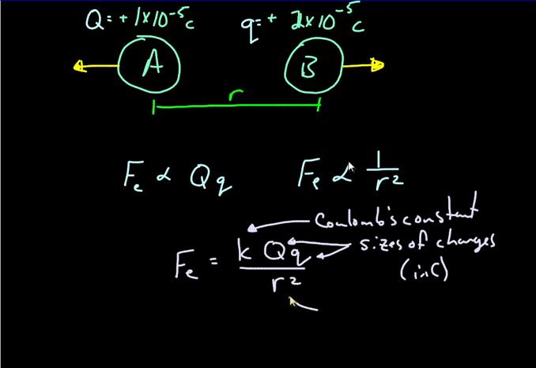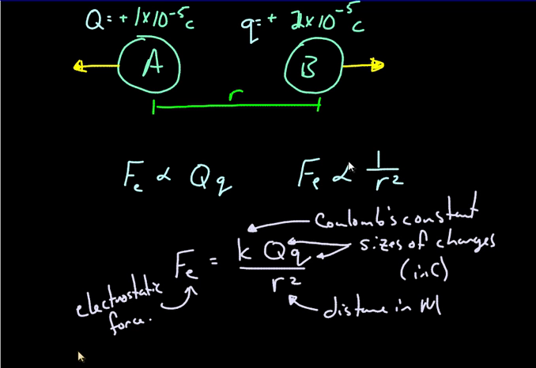And R is the distance between the charges in meters. And F is the electrostatic force between the two objects. So that is going to be measured in newtons.